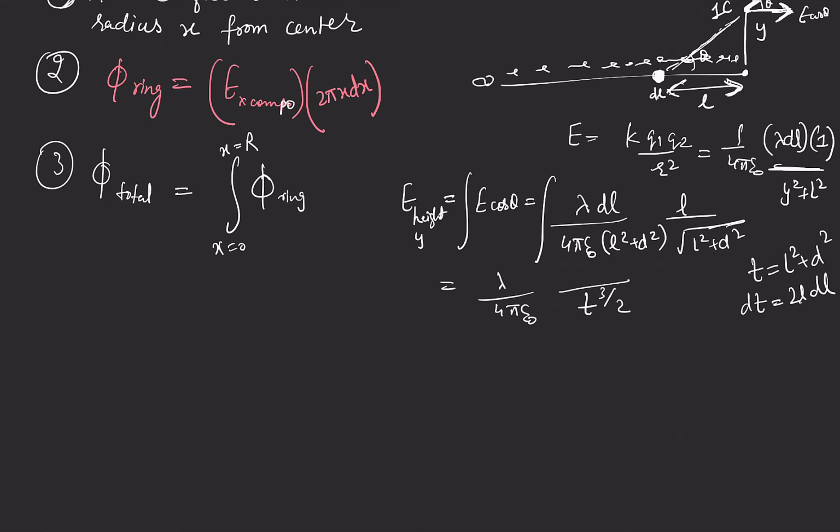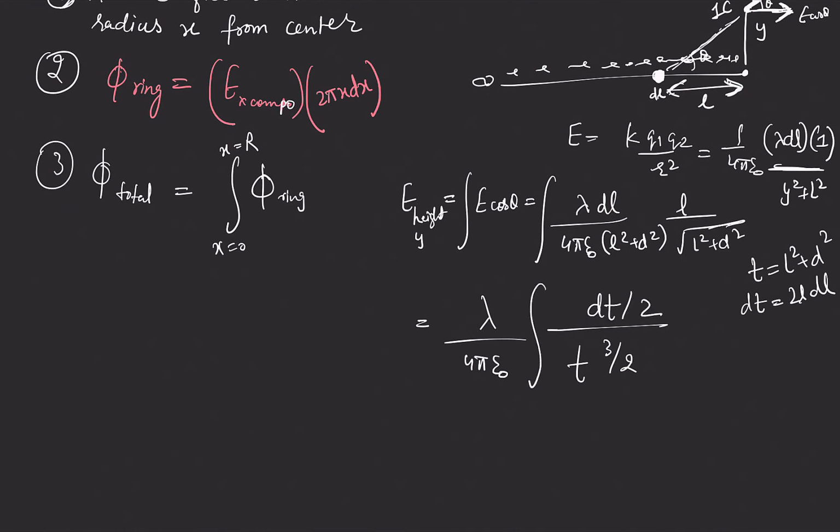Thank God I made some space, I was falling short of space. So this is lambda by 4 pi epsilon naught. L square plus d square has a power of 3 by 2, so t has a power of 3 by 2, and then L dl is equal to dt by 2, and then we integrate.